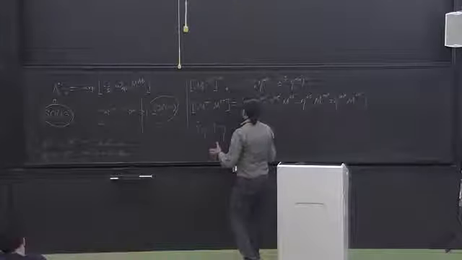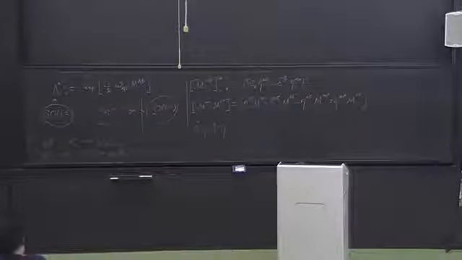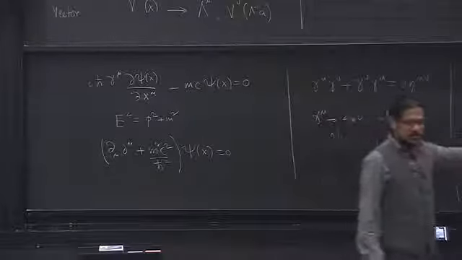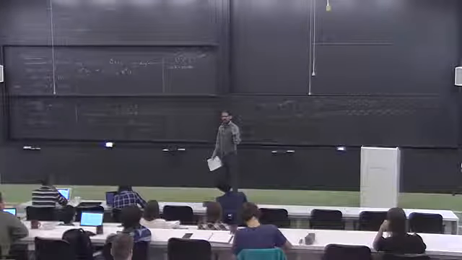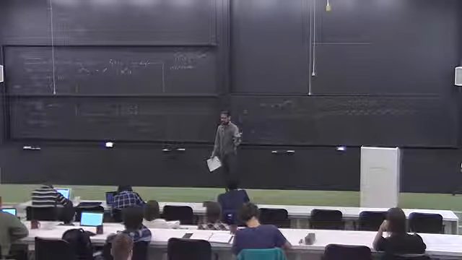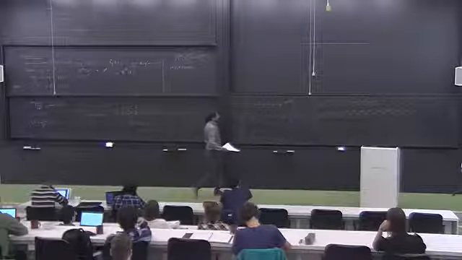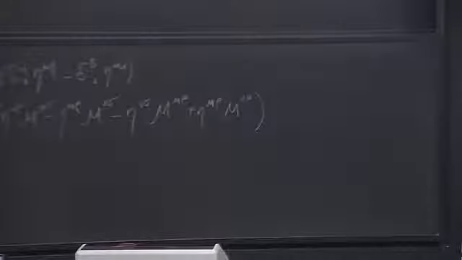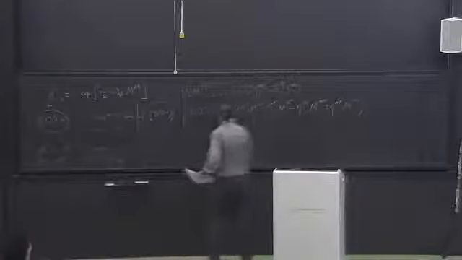So now, if we can find some way of constructing generators using the gamma matrices, which reproduce the Lorentz algebra, then I will have proven that the Dirac algebra contains a representation of the Lorentz group, right? So all we need is to construct some version of these generators, but now constructed out of the gamma matrices. And the answer to that is very easy.